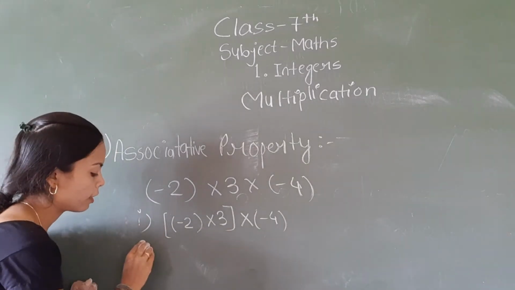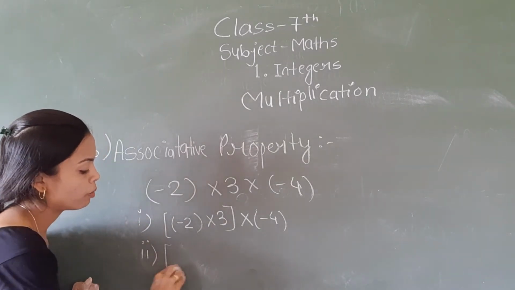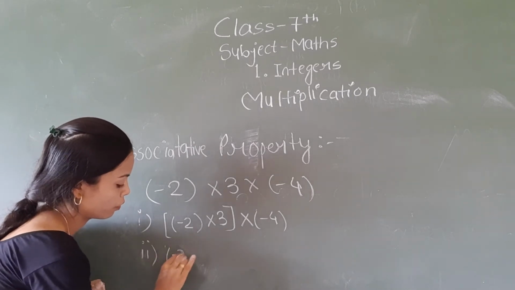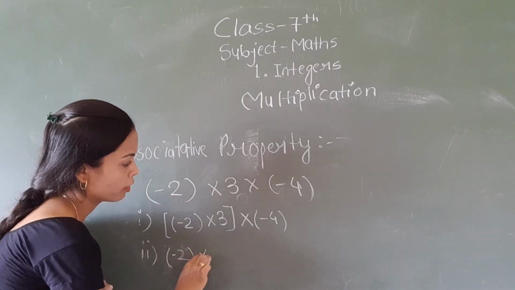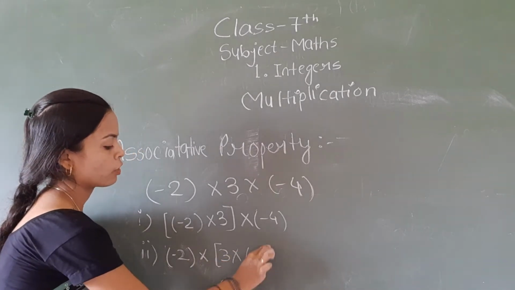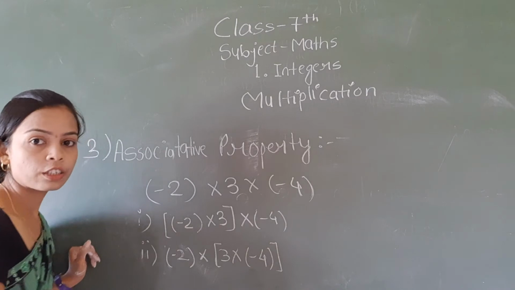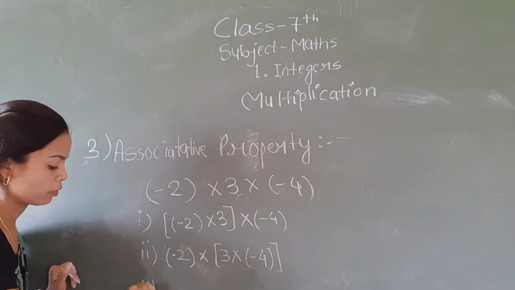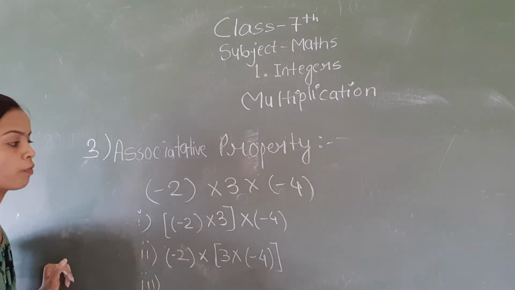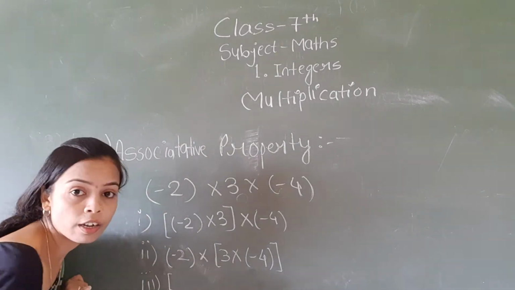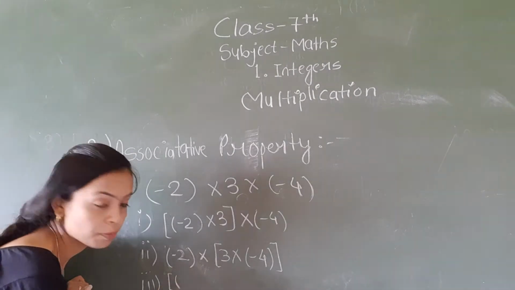In the next, we multiply the last two integers, that is 3 into -4. And in the third case, we have grouped the first and the last one.